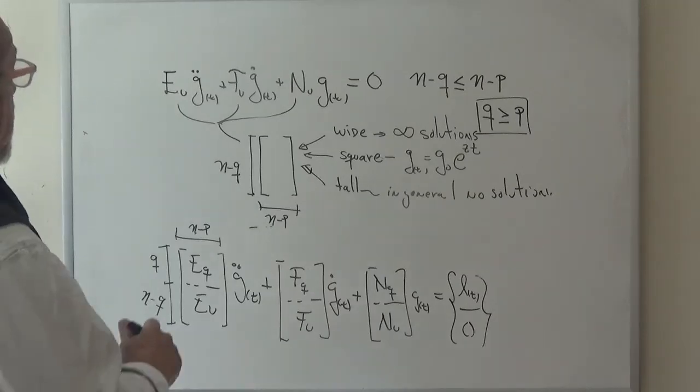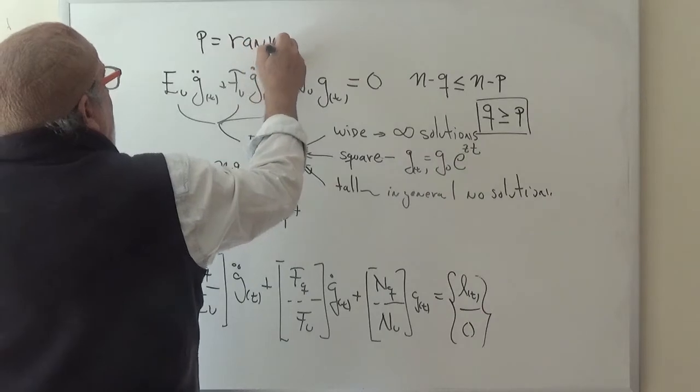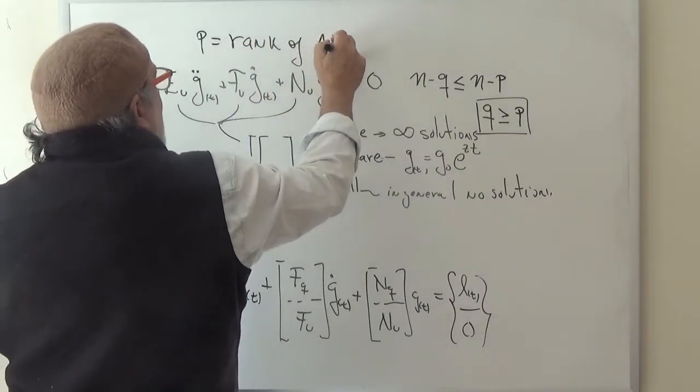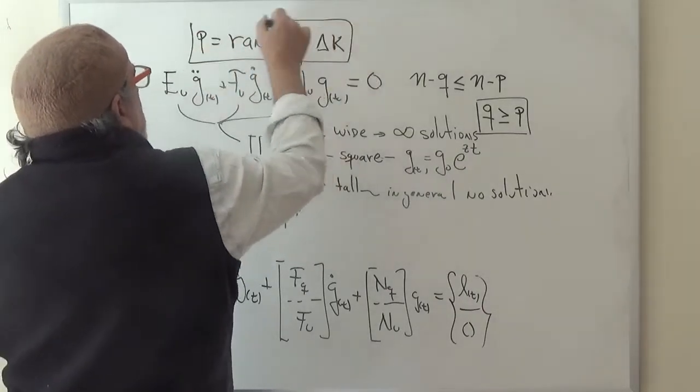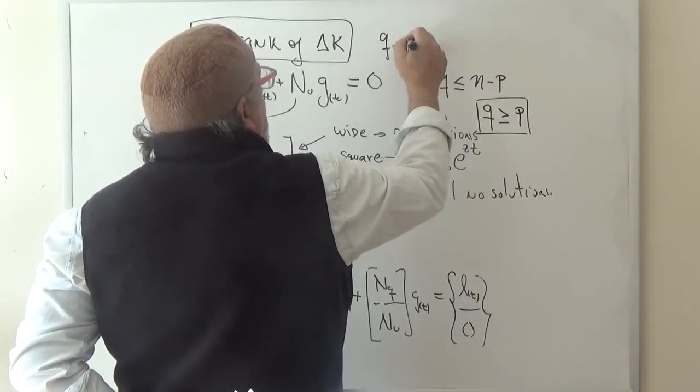P is the rank of delta K, and Q is the number of measurements.